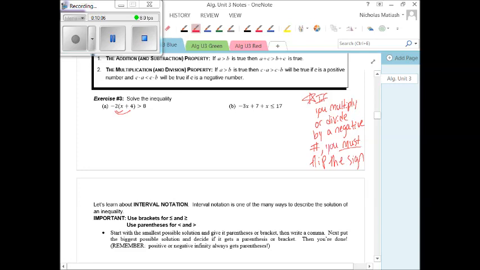So there's really no difference. Besides moving things back and forth, combining like terms, simplifying, all those things you're still going to do. It's just that if you end up multiplying or dividing by a negative number, on both sides, mind you, then you need to flip the sign. Oh, there's a little piece of on both sides.